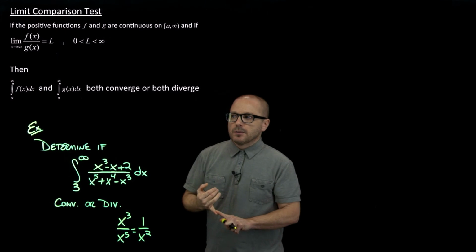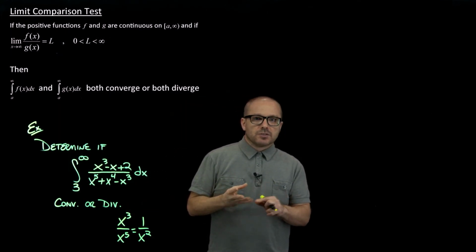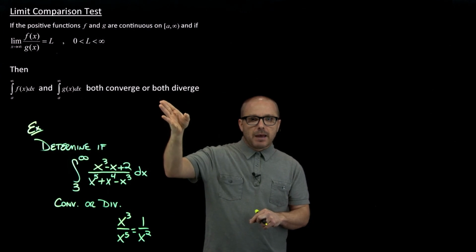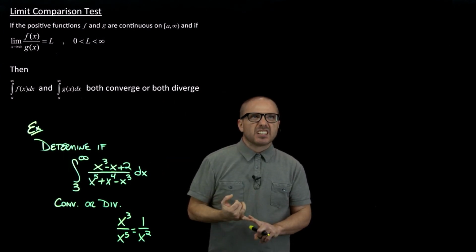So first of all, you don't have to prove this, but I want you to state, whenever you're using a theorem, that the conditions are met. First, f and g have to be positive and continuous.